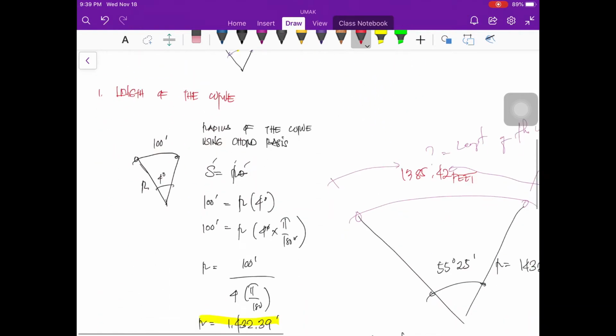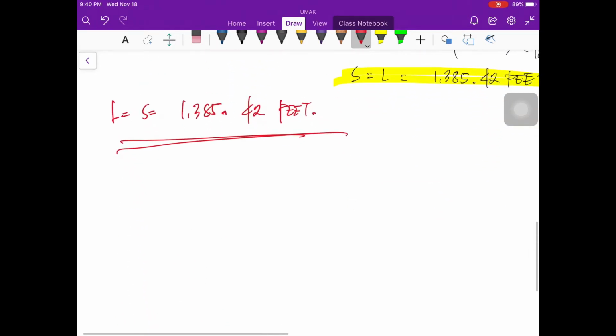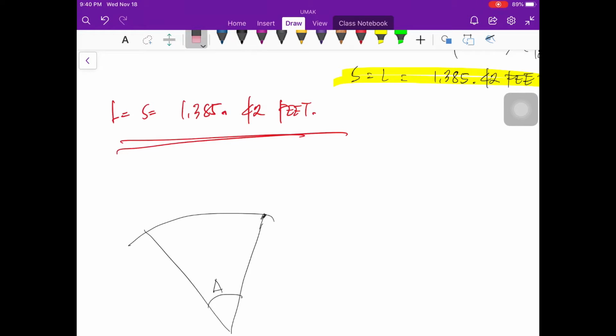Then next is determine the station PT. Okay, so how are you going to determine the station PT? If you have this curve and you have this deflection, let's just extend this one, and you already have this PC, and you have this PT.